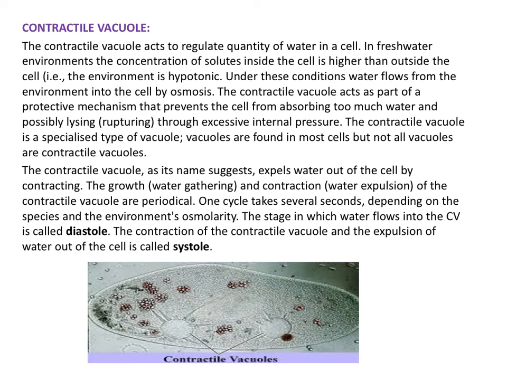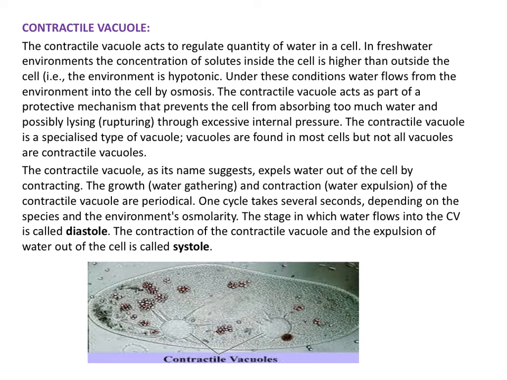So as water continues entering, the cell will absorb so much water that it will eventually burst open, and this will cause cell death. So this contractile vacuole is a means by which the cell prevents absorption of too much water, and it is a very important cell component in amoeba.